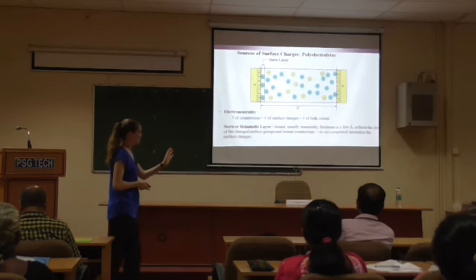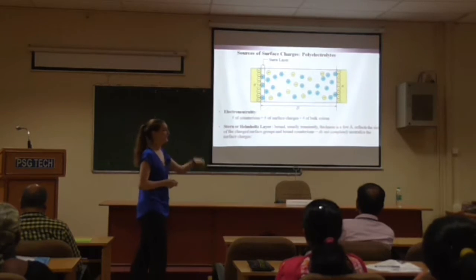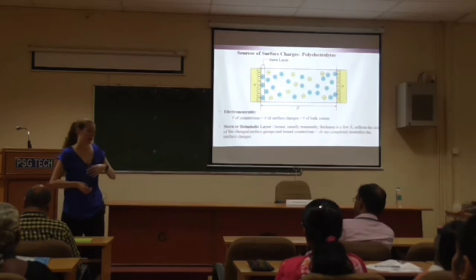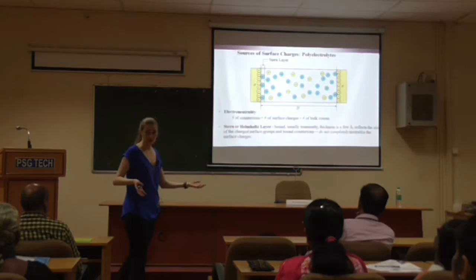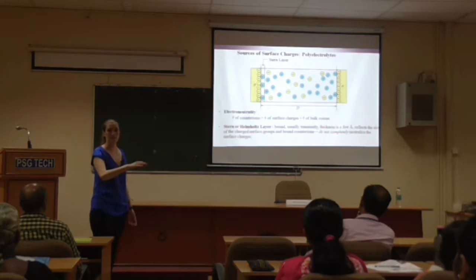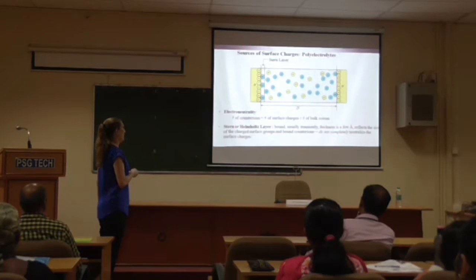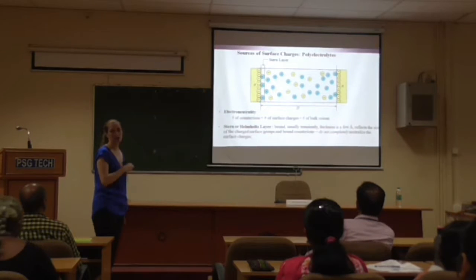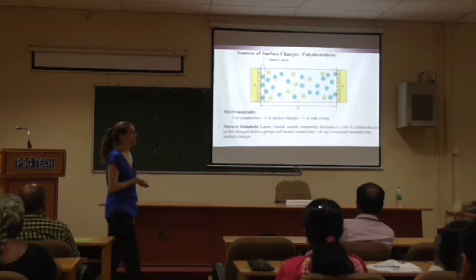Now if I have my surface, or my protein, and I put it in there, I still have to hold electroneutrality. So I have the salt ions that are in solution, and I have the charges from my protein and the groups that dissociate from them. So if I have a negative surface, then in the bulk, it has all the ions plus the positive ions that are dissociating from my surface.